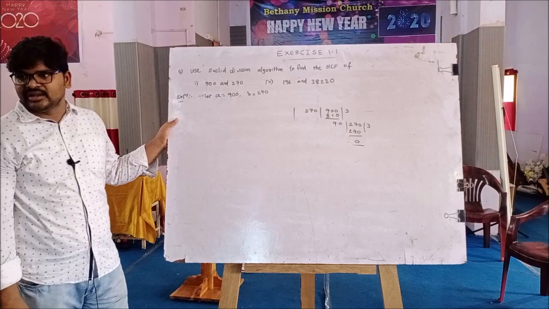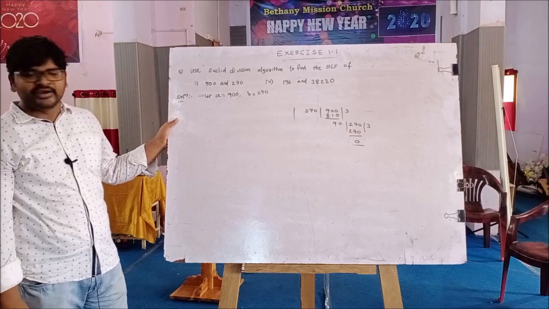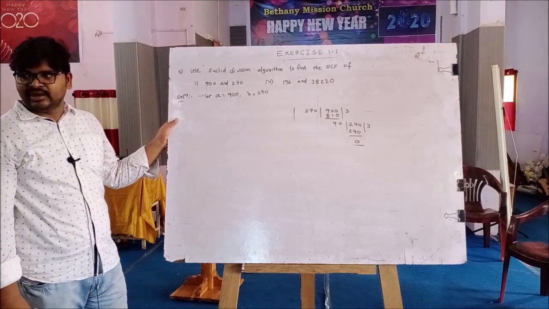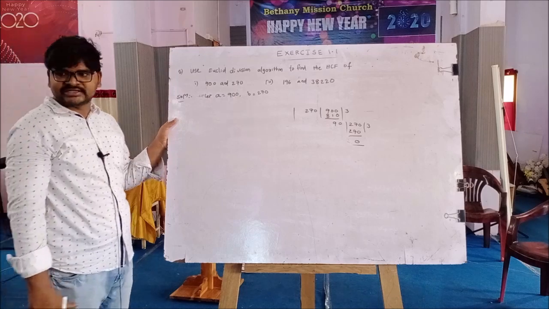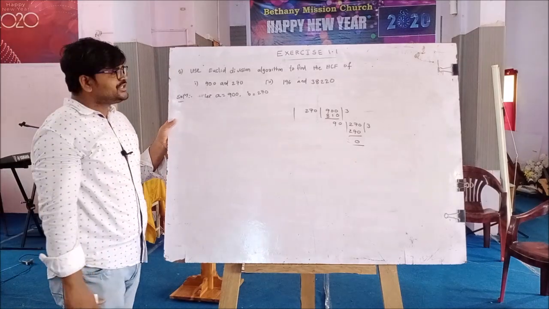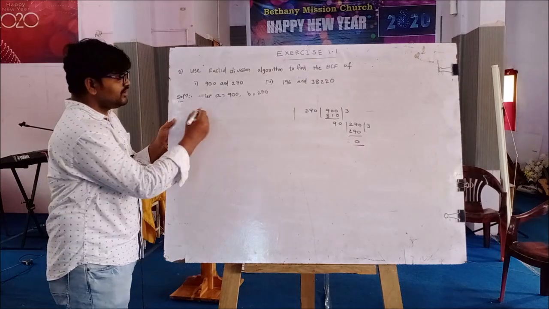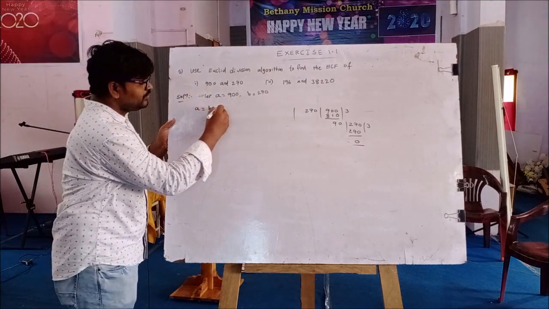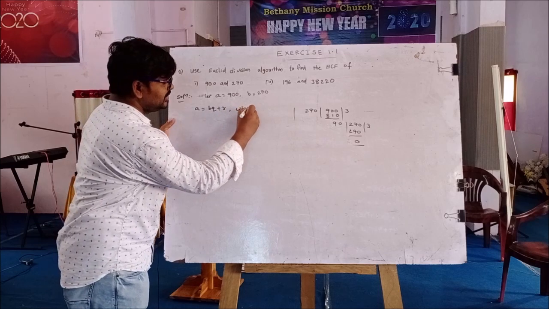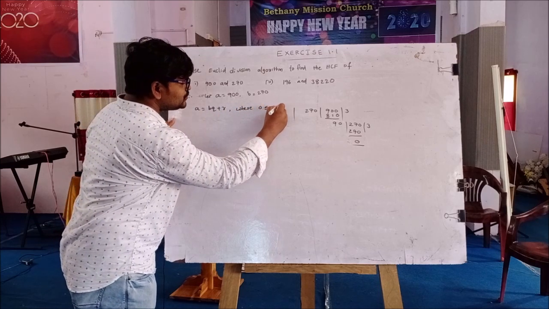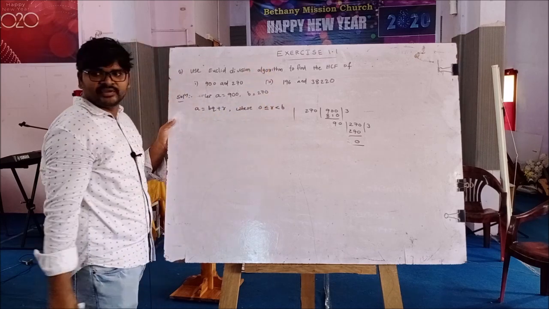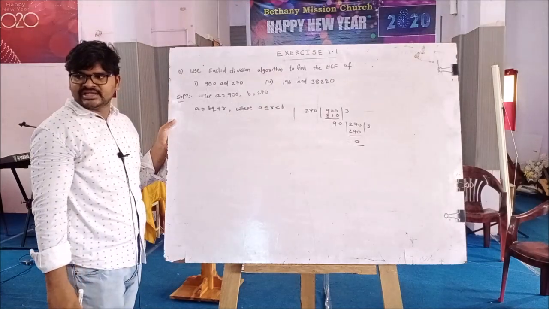Division algorithm. Clear? According to the division algorithm, let a, b be two positive integers. There exist q and r, two integers, satisfying a equals bq plus r, where 0 less than or equal to r less than b. It's clear?